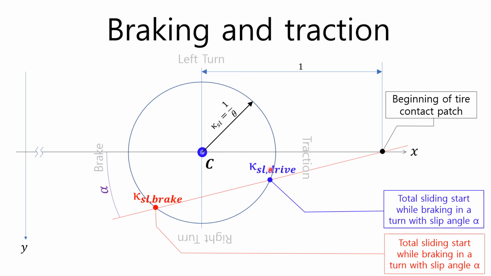As shown in the figure, if a comparison is made at the same side slip angle alpha, it can be seen that the side slip component during braking is greater than the side slip component during traction. This is consistent with the results calculated in the Excel sheet.